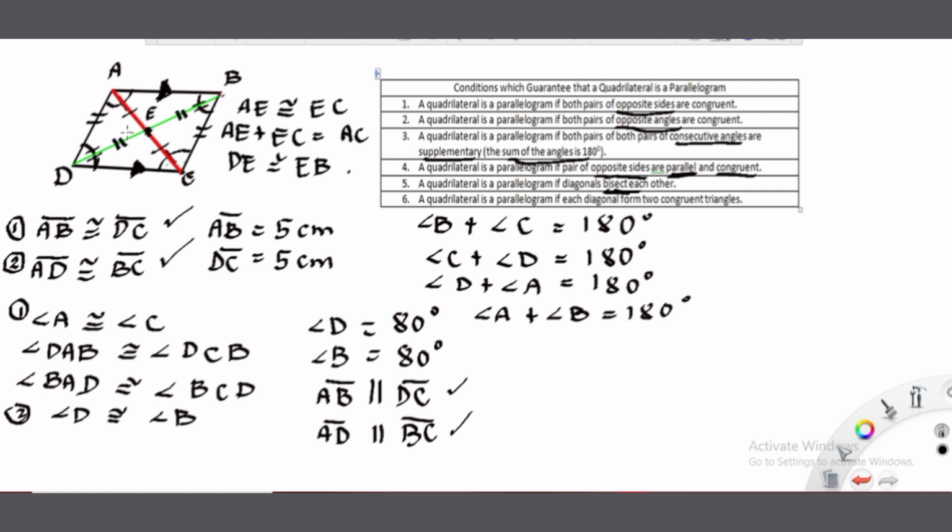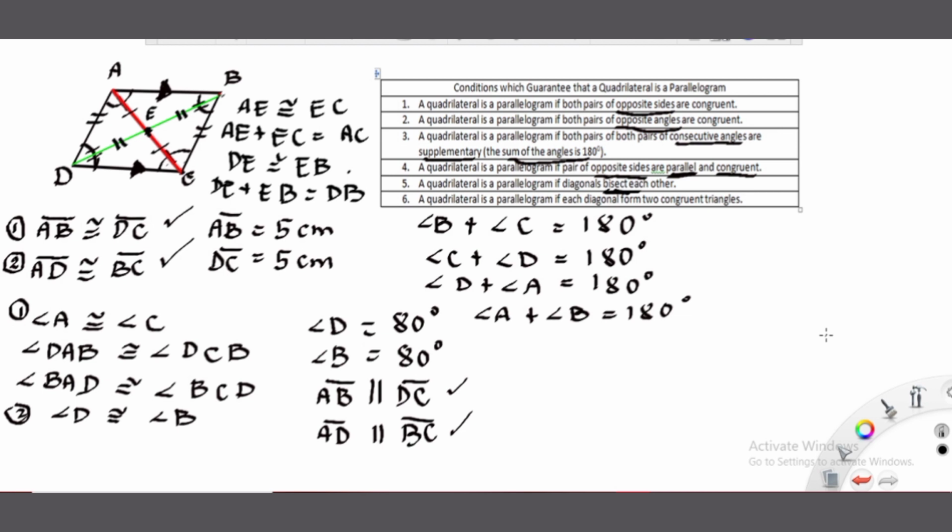Pag inad naman natin ito, half ng diagonal plus this other half, that will be equal to the whole diagonal DB or BD. So when we have DE plus EB, that is equal to the whole diagonal DB. Alright? So I hope na malinaw po sa atin.